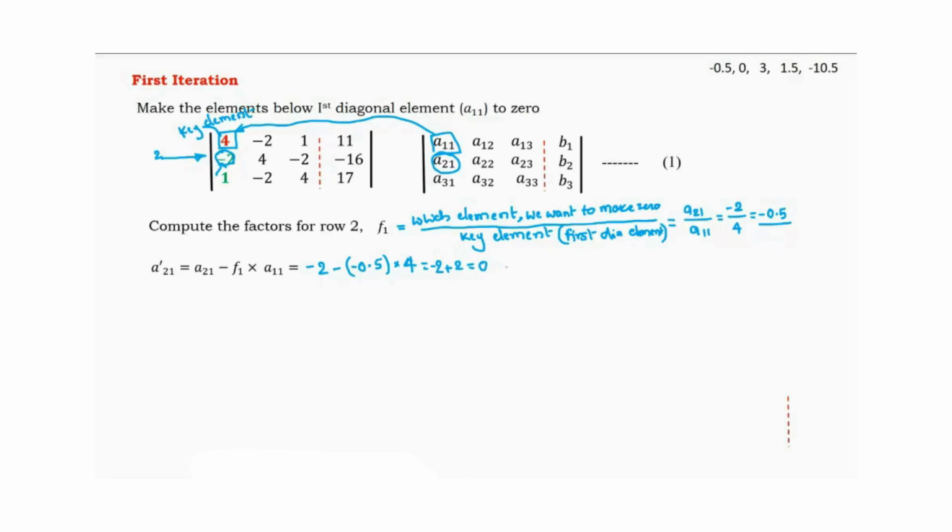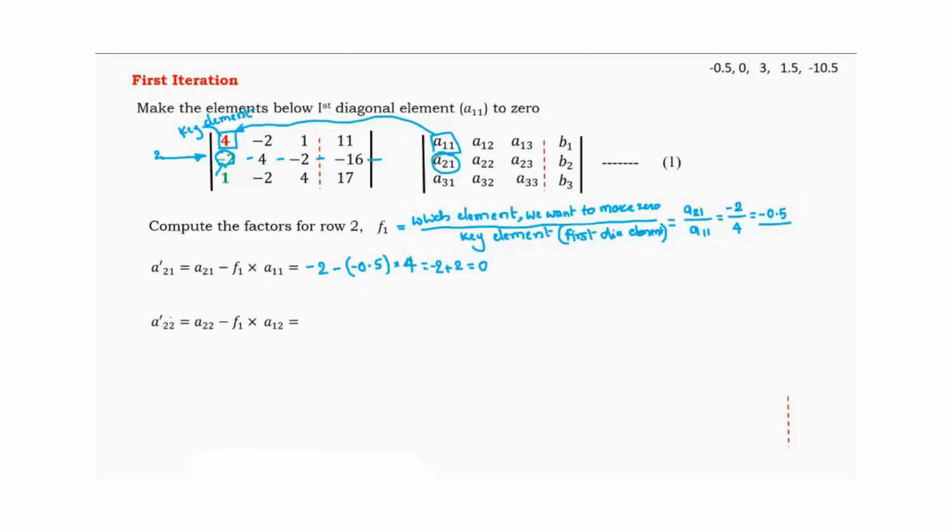So this we got. Similarly, you manipulate all the elements of this row, because simply we cannot manipulate one element. We have to change all the elements of the corresponding row. So the next element is A22, isn't it?